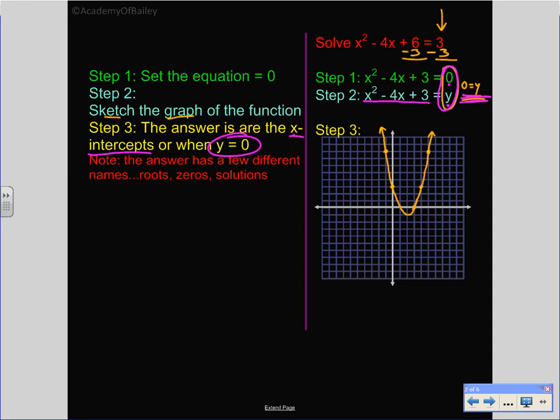Well, when y is equal to 0, isn't it right here at these points? And those points would be called the x-intercepts. The x-intercept here is 1, 0, and the other one is 3, 0.